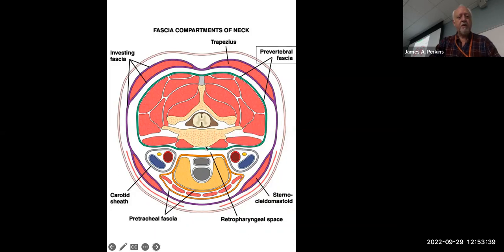There's a couple muscles that sit on the front of the cervical vertebrae, but it also surrounds a lot of the deep muscles in the back of the neck. And so there's a lot more structures that sit posterior to the vertebrae than anterior. So like I say, the name's a little bit confusing.